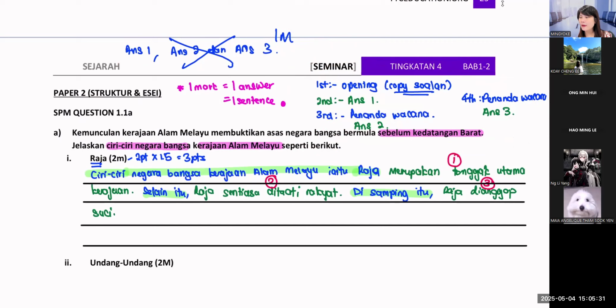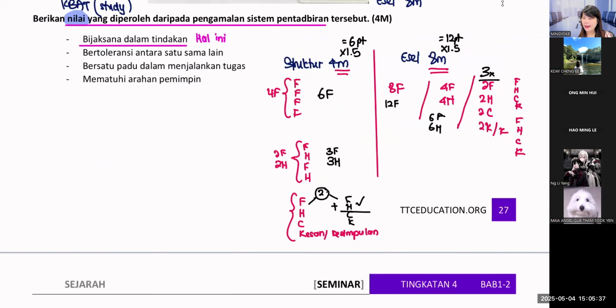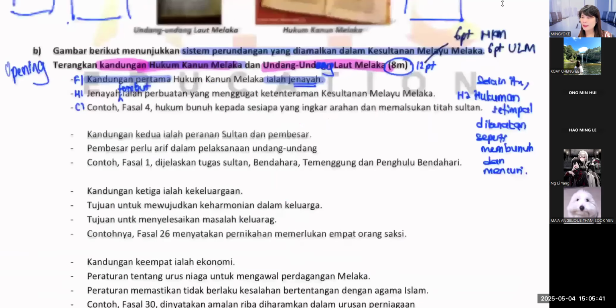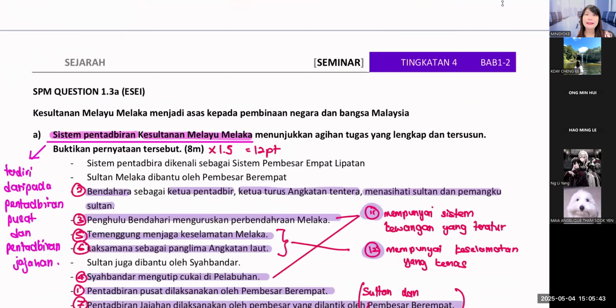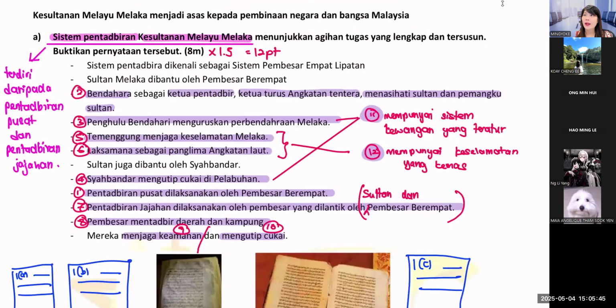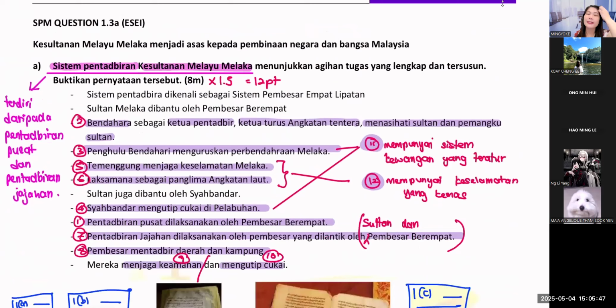Now, done already, we go to essay for a while. I want to show you the essay. Everybody, turn to page 26. Essay. Teacher, for undang-undang, can we use undang 2?